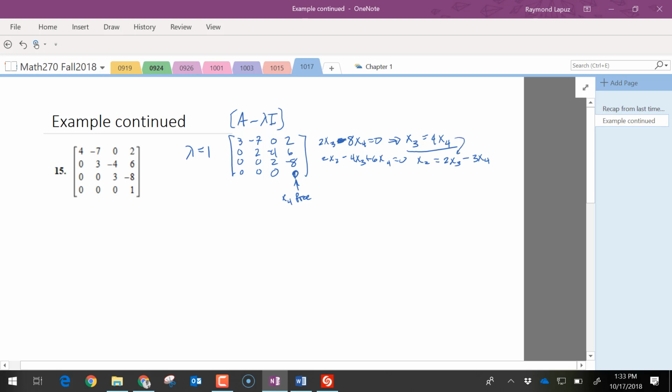And then replace the x3. So that's 2 times 4 is 8, and then 8 minus 3 is 5.